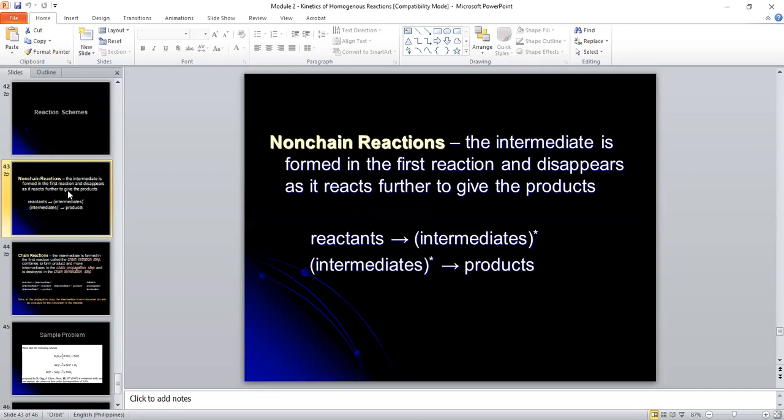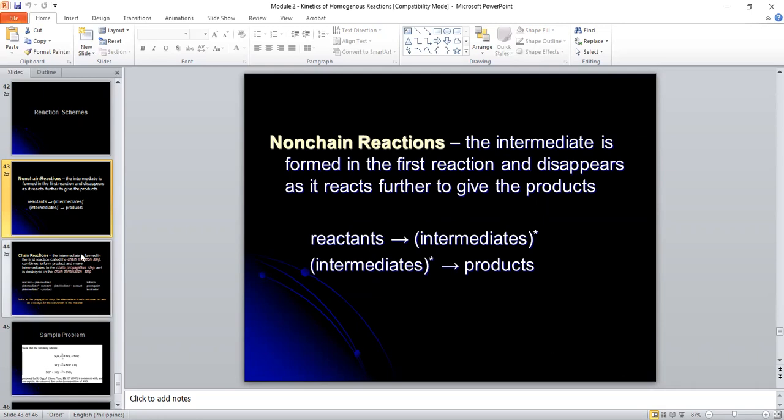A classic hypothetical representation is that initially you have the reactants, they form this intermediate or intermediates, then these intermediates react further to form the products. This is a non-chain reaction because after the first reaction, the intermediates that were formed react further right away to produce the final products.